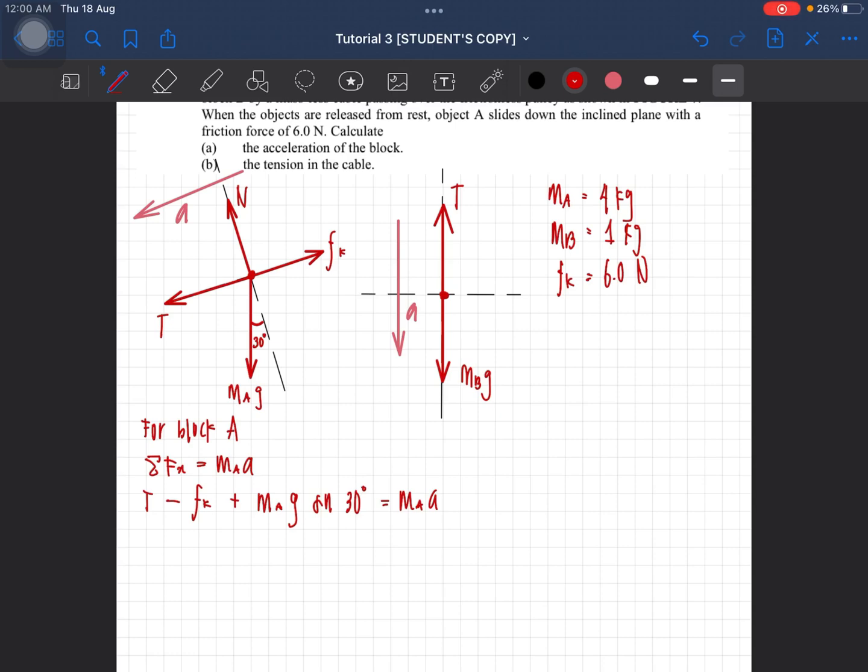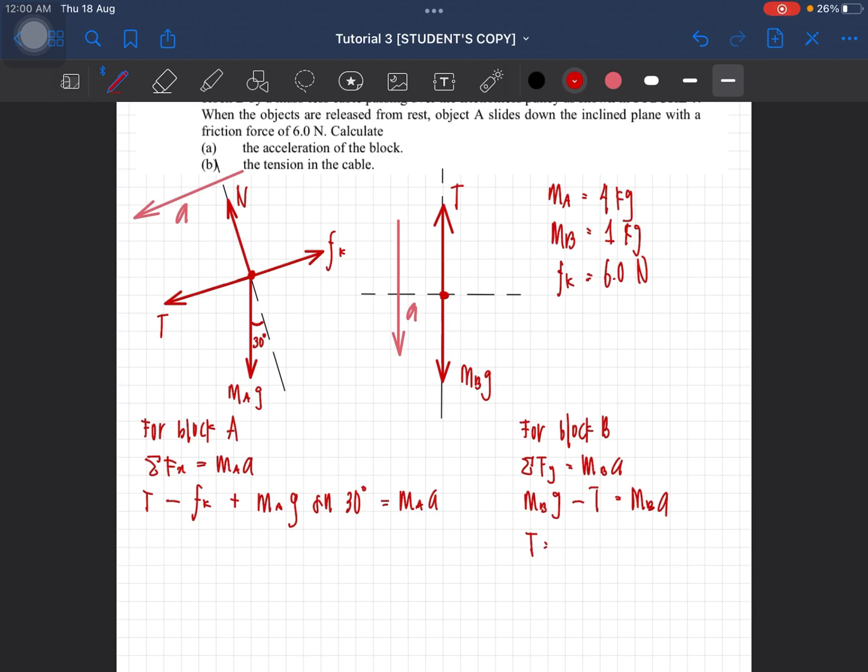Okay, so now for block B, we are only using the y component sebab the y component saja yang ada motion. Okay, so this is mbg minus T equal to mba. Okay, so we are gonna find T here.